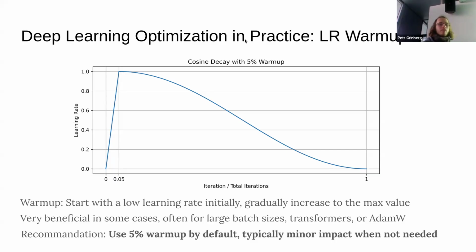So PyTorch will know that if you start this and you have a total of 1,000 iterations, it will automatically create a cosine schedule for you. So you don't need to think about how to make this curve.